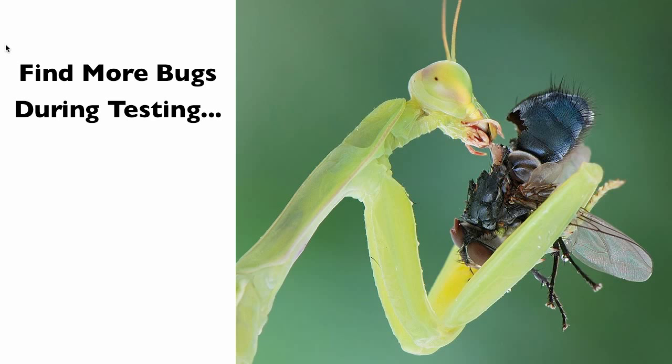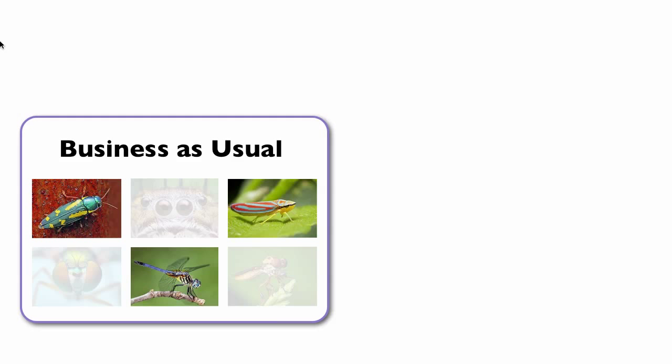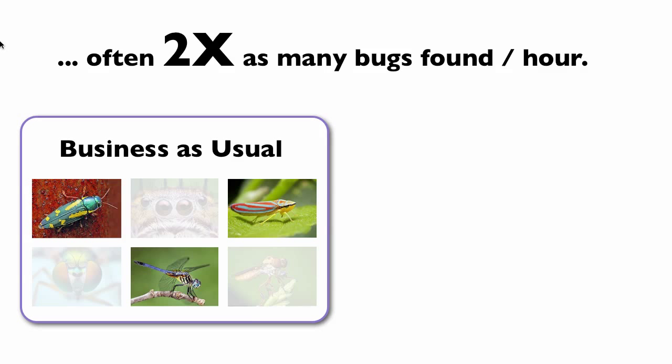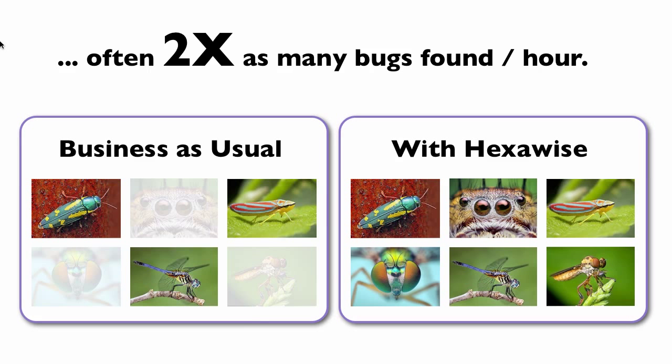Second, Hexawise generates more efficient and effective test cases than people can generate on their own. Test plans created using Hexawise often result in more than twice as many defects found per tester hour. Why is this?